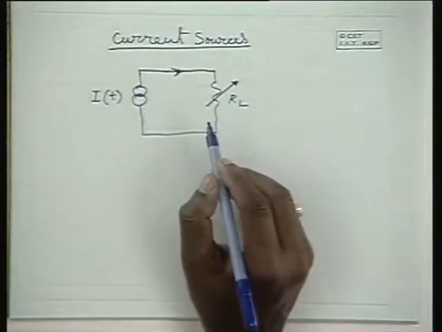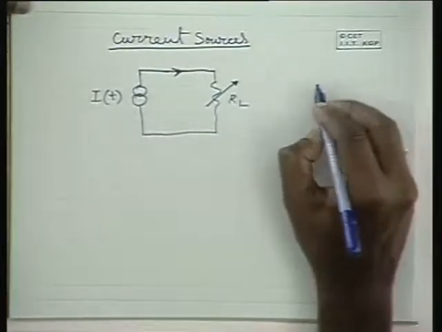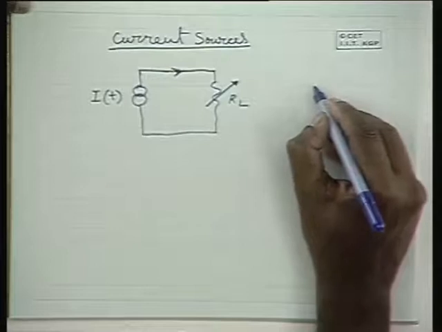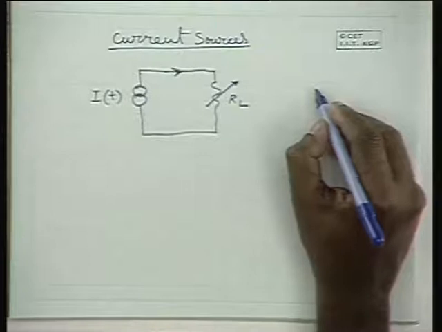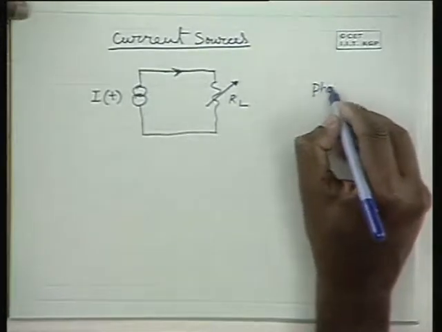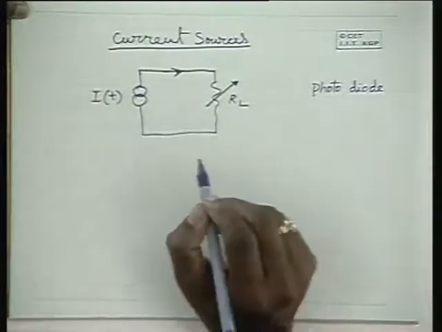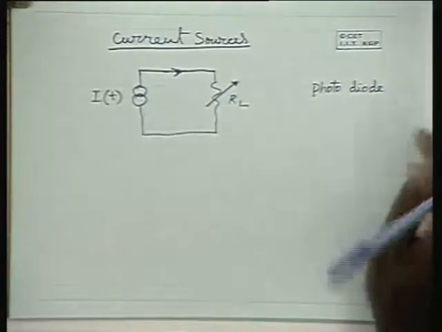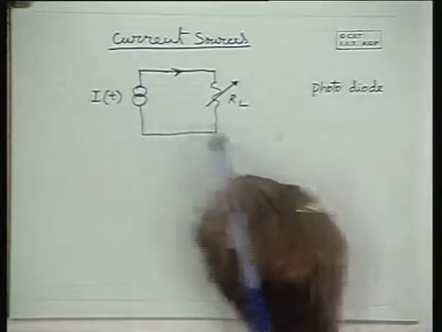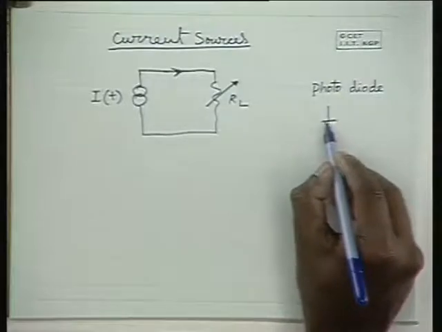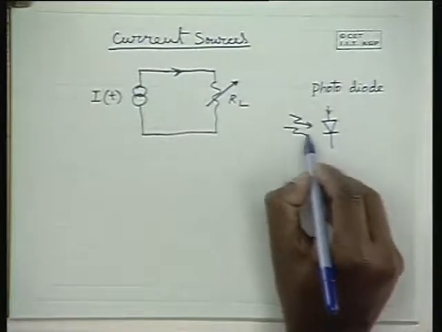An example for such sources is a photodiode. A photodiode can be used as an example for a current source. In a photodiode, the current passing through the diode is proportional to the light that is impinging on the diode.